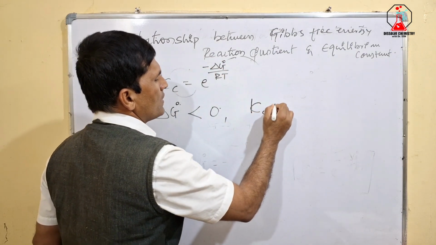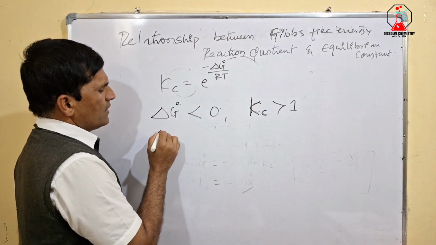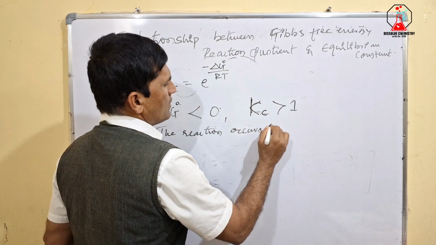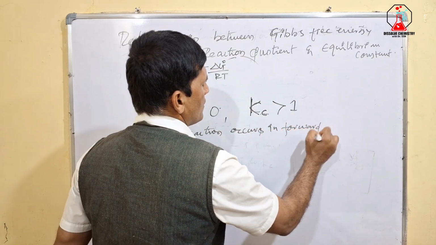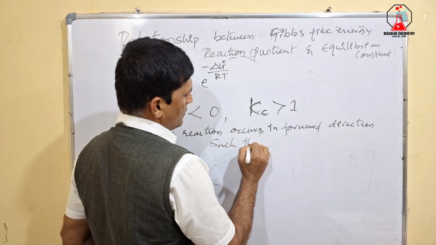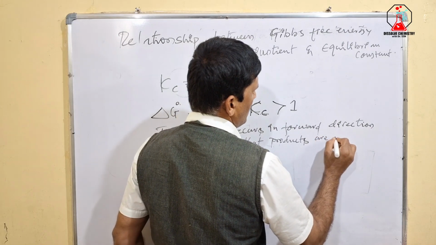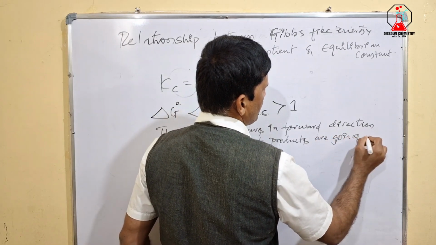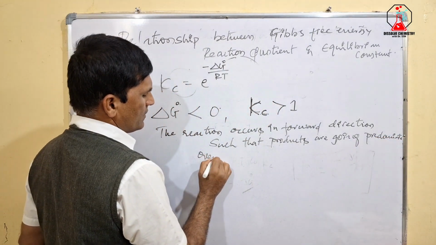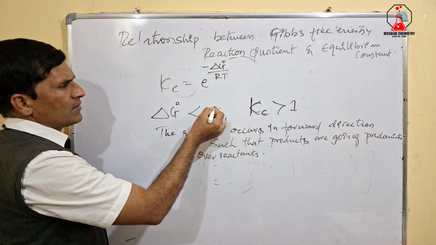So your Kc will be greater than 1. When the Kc value is greater than 1, it implies that the reaction occurs in the forward direction such that products are going to predominate over the reactants.